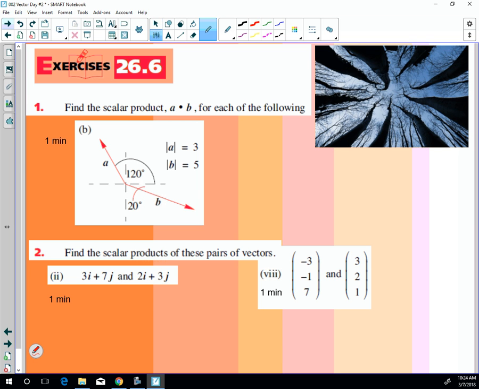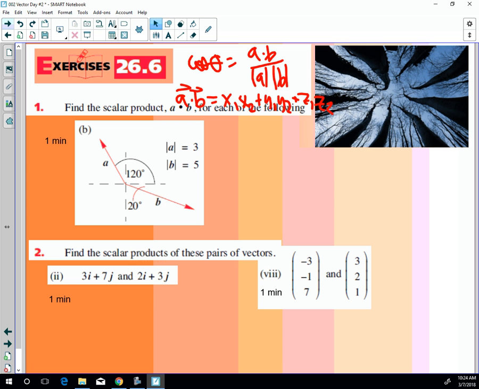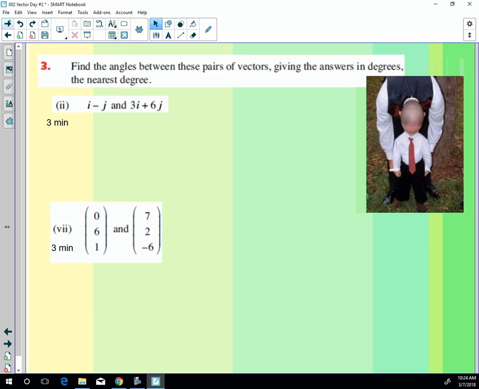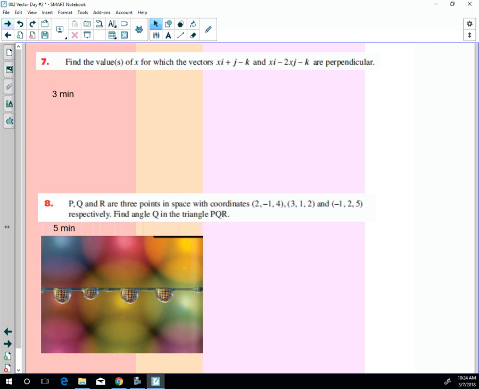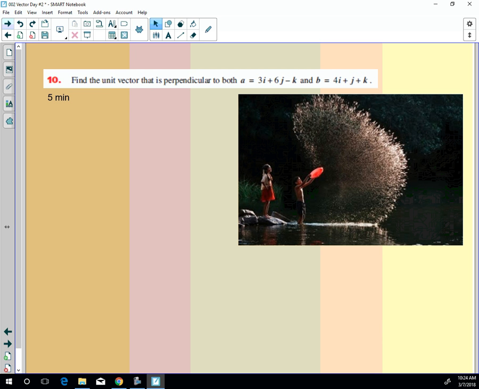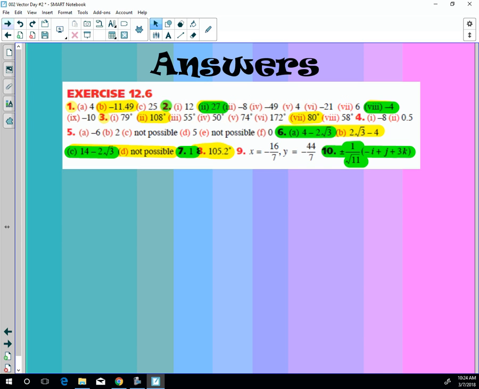The primary formula is cosine theta is A dot B over magnitude of A, magnitude of B. And don't forget, A dot B is x1 x2, y1 y2, z1 z2. Those should go great. Finding the angles will go well. These will make you think. And these all look great. You can check those answers.